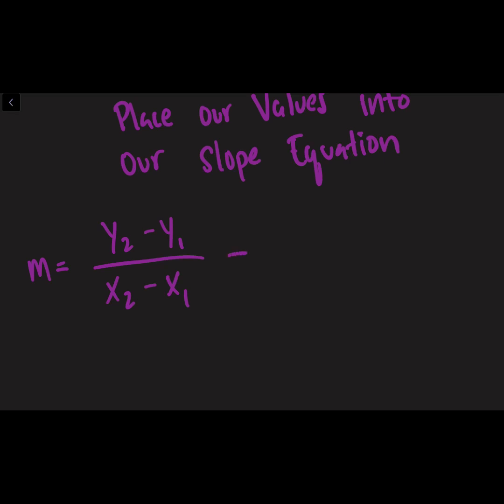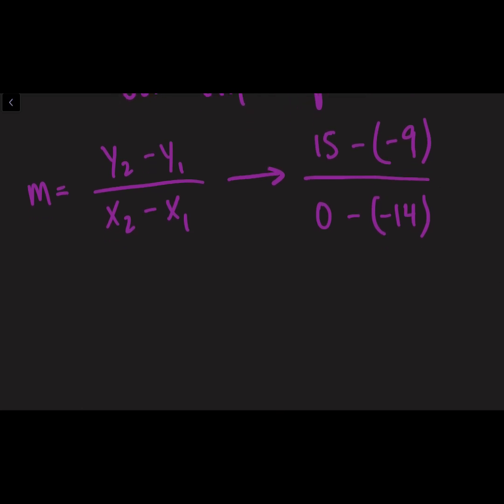This is our slope equation. So we write that out: 15 minus -9, and then 0 minus -14. Our values are placed in our equation, so now we can go ahead and work for real.